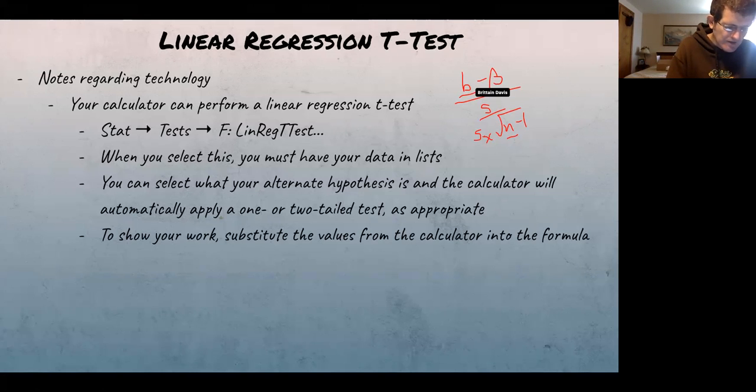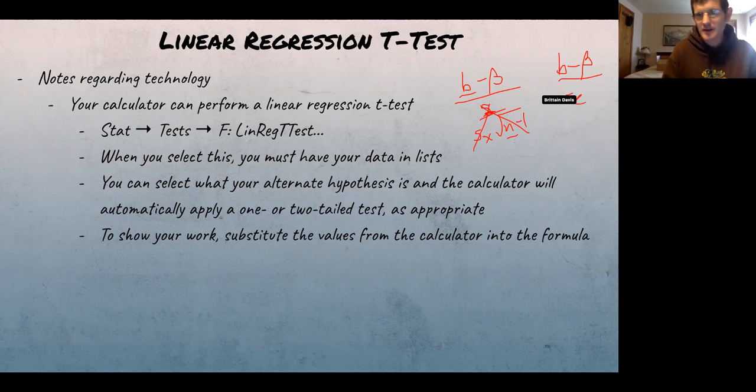It tells you s. Now, you can also find your standard error, so you can kind of work backwards. And if you don't even plug all those numbers in, you could at the very least do something like b minus beta over the standard error, and just plug in what that value is. That's something. All right. So don't just put, here's my t statistic, here's my p value. You want to put something else like this right here.